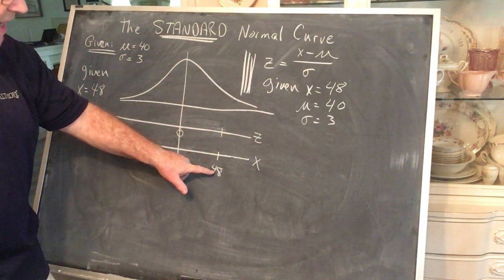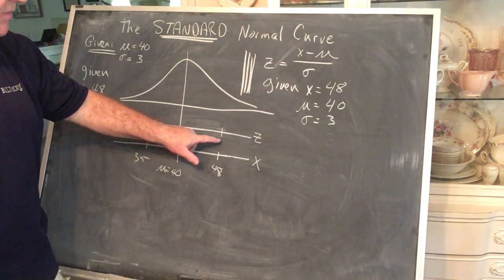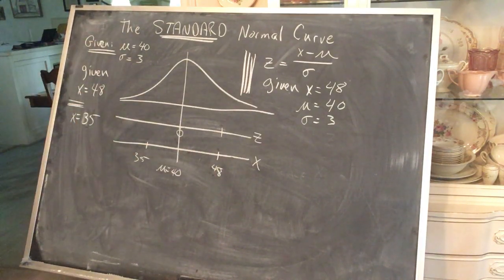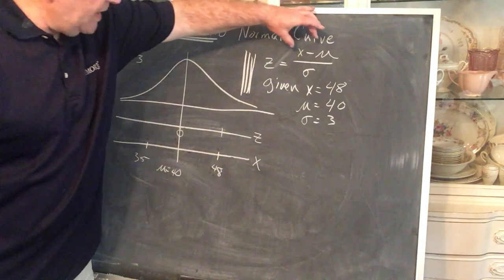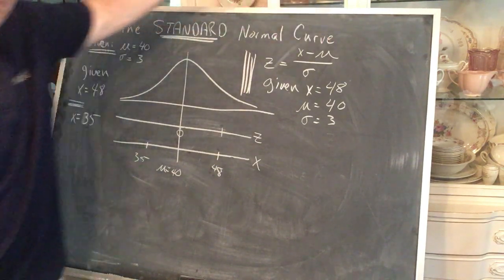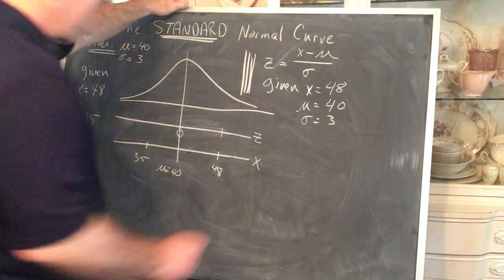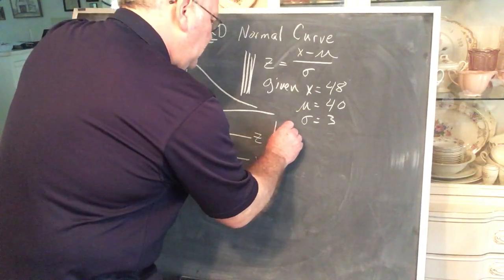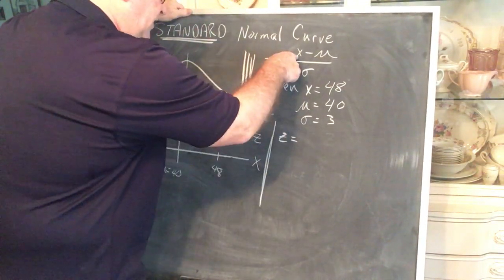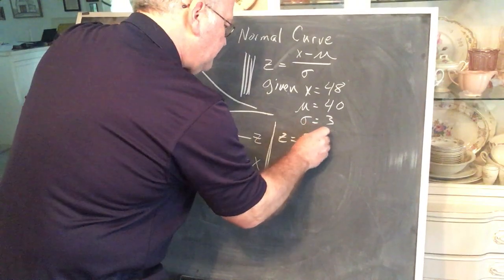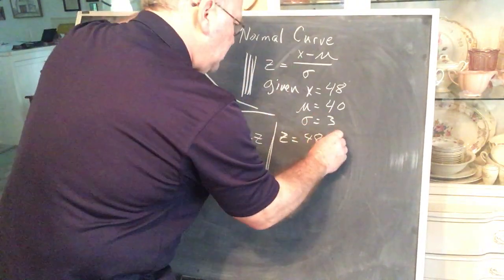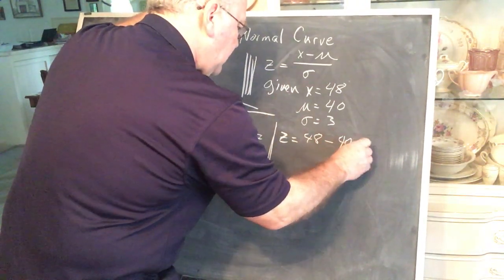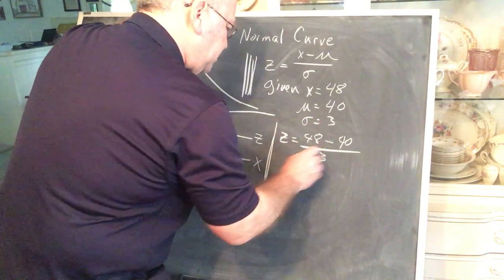How do you translate 48 from the x language to the z language? And that translation is made by this formula. It's simply plug the values in and compute. So z is equal to the x value, which is 48, minus mu, which is 40, all over the standard deviation, which is 3.